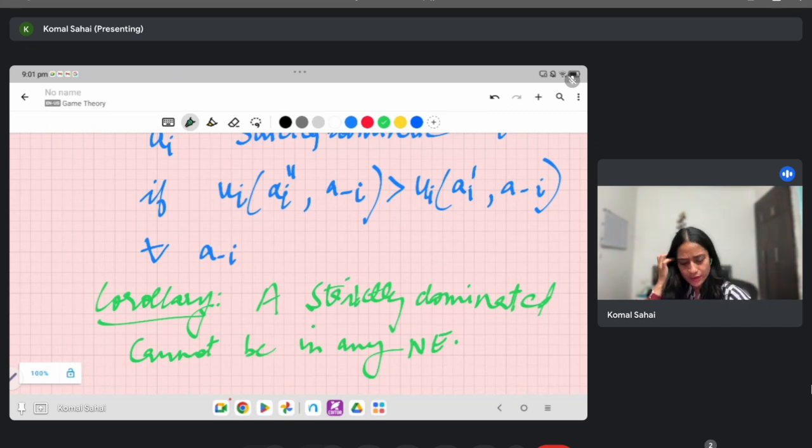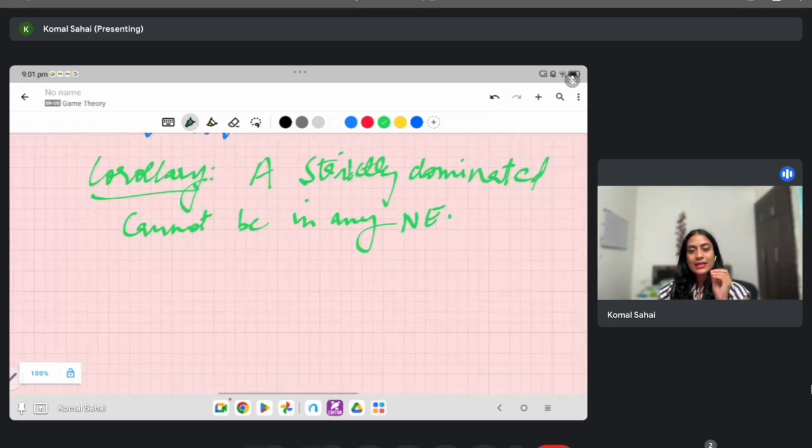ठीक है, और ये लॉजिकल है, राइट. अगर कोई Nash equilibrium है उसमें किसी भी प्लेयर के लिए एक ऐसा एक्शन नहीं हो सकता है which is strictly dominated by any other action, because that means that for every action of the other player there is an action that exists in player I's action set that will give a better payoff, right.